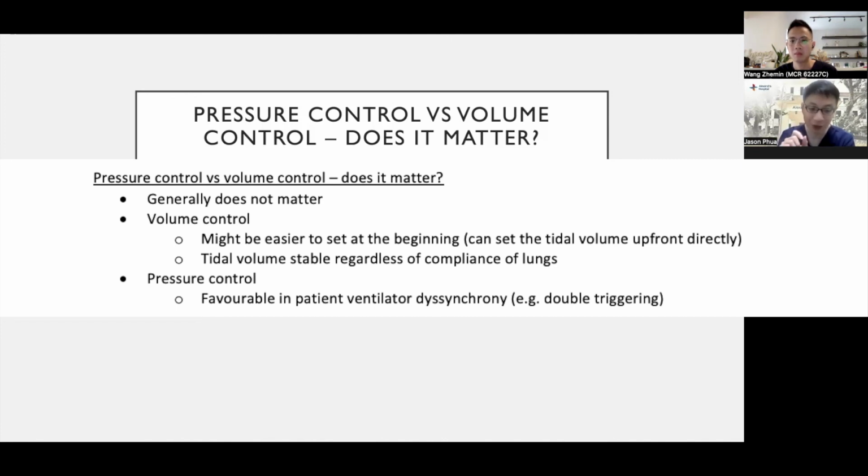The last thing to say is, when we switch to pressure control because of double triggering, we must make sure that we have not relieved the double triggering purely because we have now allowed 12 mils per kg. We should only be happy if, in switching to pressure control, there's less volume double triggering, even though we still kept the tidal volumes to 6 and a max of 8 mils per kg.